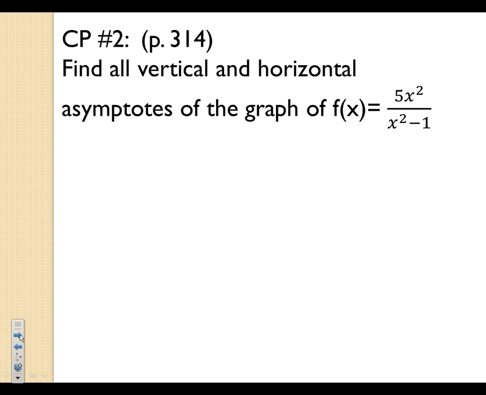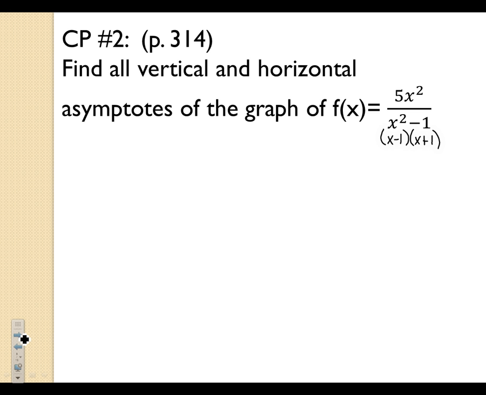All right, checkpoint problem number 2. Find all vertical and horizontal asymptotes of the graph of f of x. First thing, taking a look at the denominator function. This does factor: x minus 1, x plus 1. Nothing cancels with the numerator function, so this particular f of x is going to have two zeros.